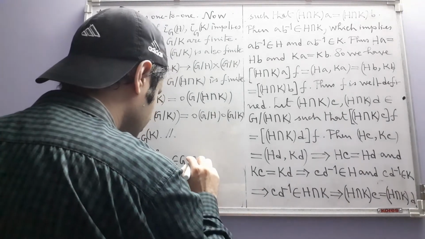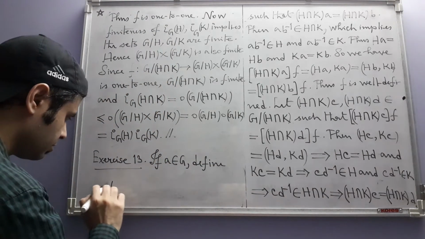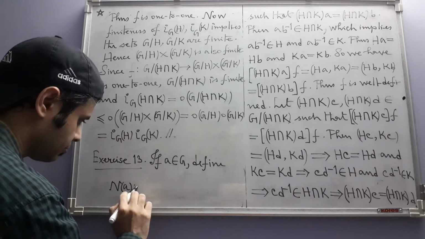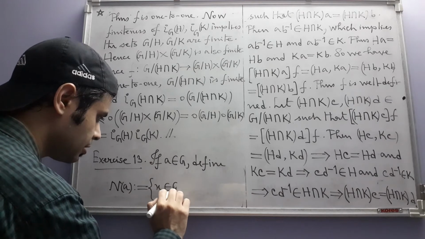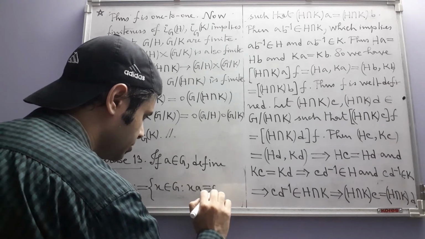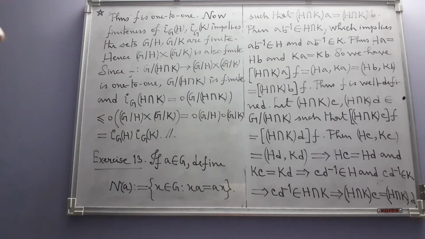If a belongs to G, define a subset of G denoted by N(a), and it is defined to be the set of those elements in the group that commute with a. Okay.